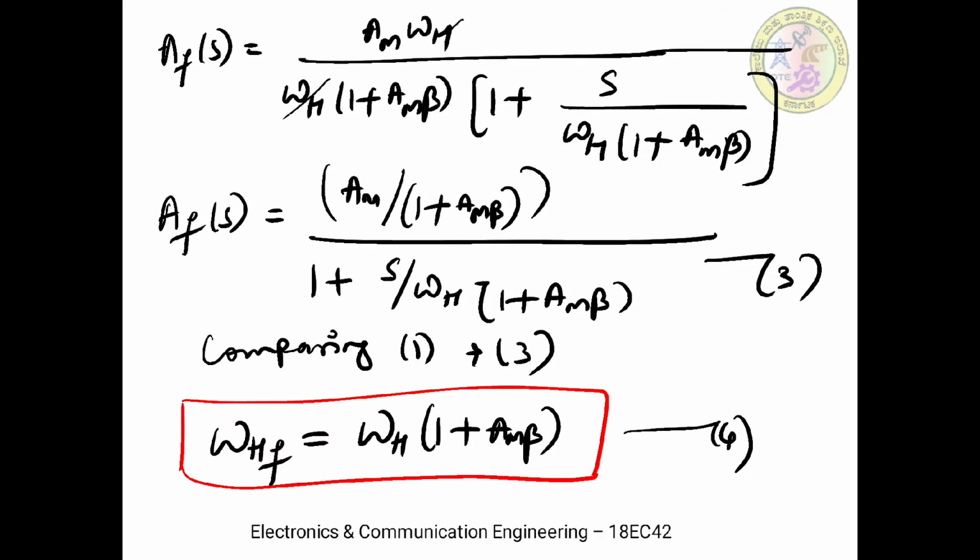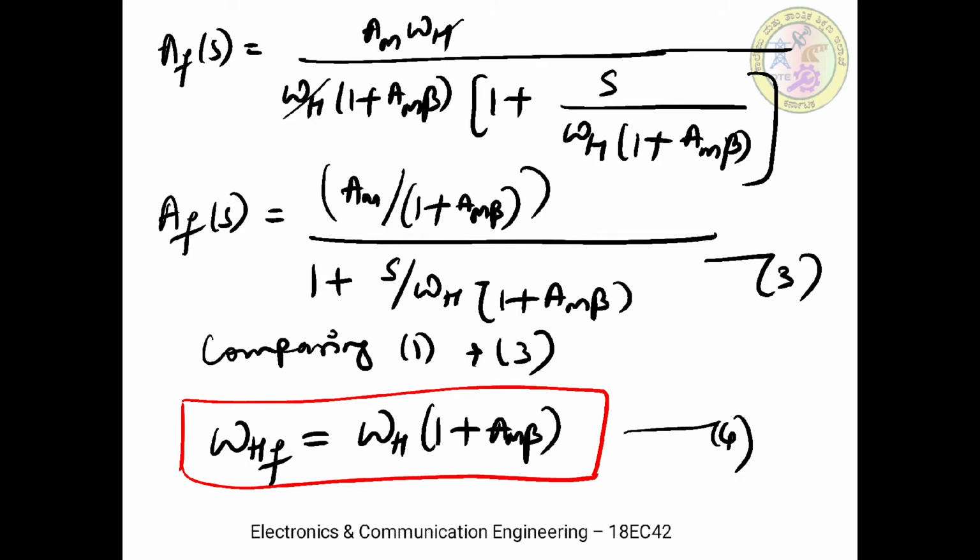So what it shows, in case of feedback amplifiers, the upper 3 dB frequency, or we can say omega HF, means the upper 3 dB frequency of the feedback amplifier, will be equal to omega H times 1 plus AM into beta.